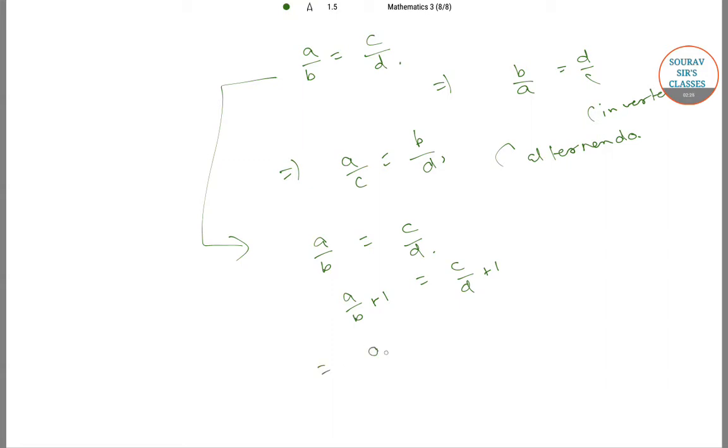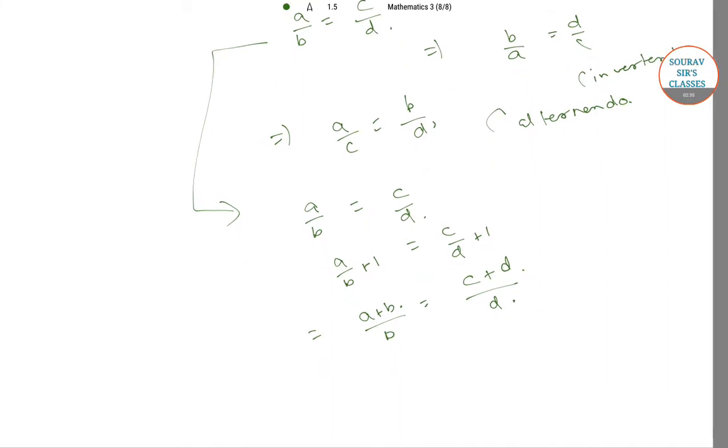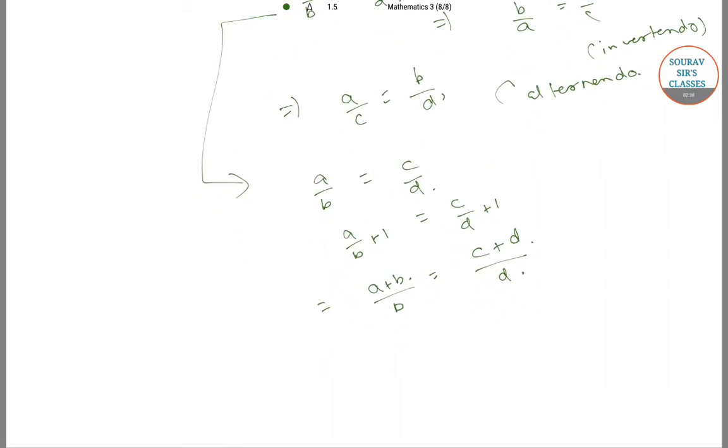Then this would be equal to A plus B divided by B, which is equal to C plus D divided by D. Similarly, subtracting 1 from both the sides, we will get A by B minus 1 is equal to C by D minus 1, which would imply that A minus B by B is equal to C minus D by D. Now this is componendo, and this is dividendo.